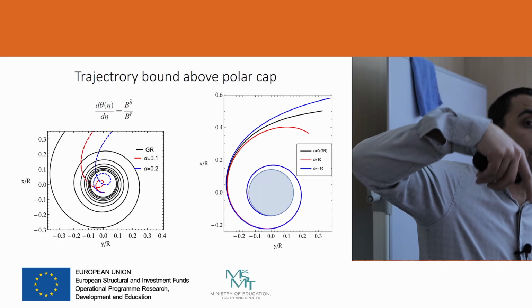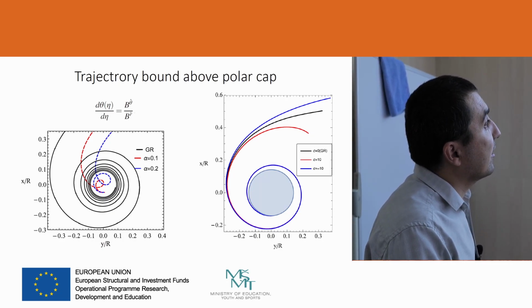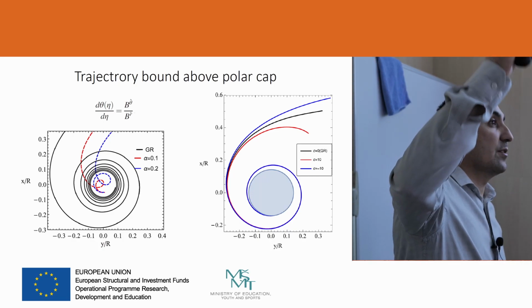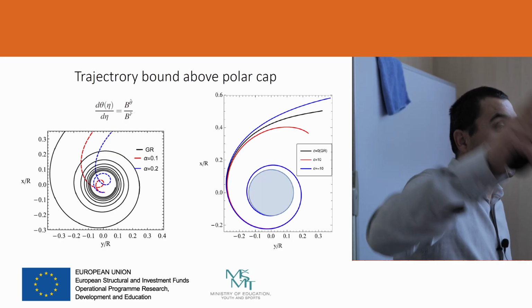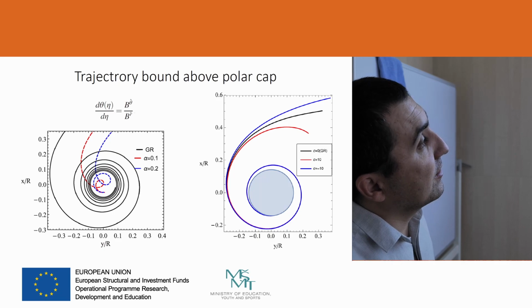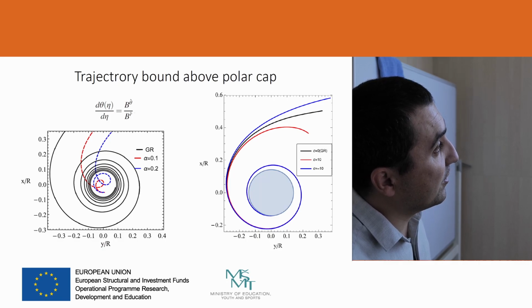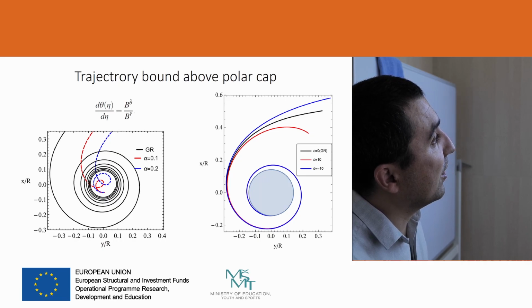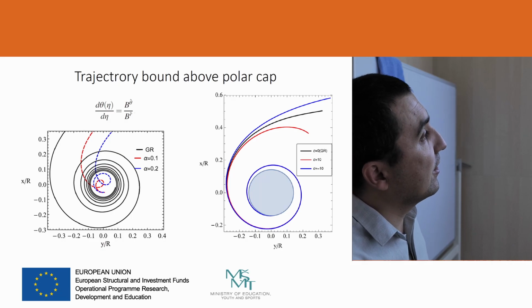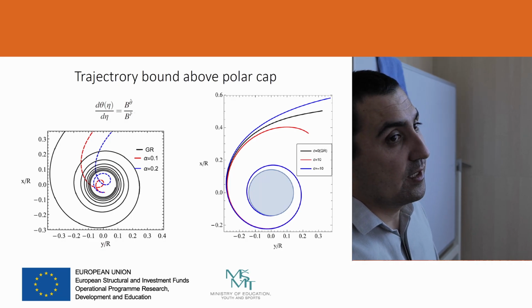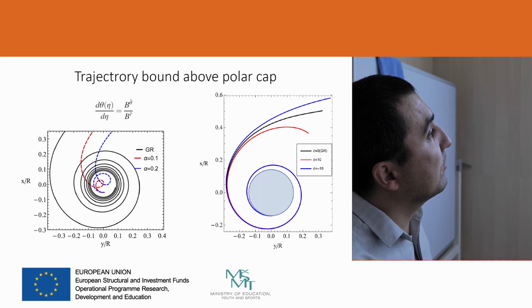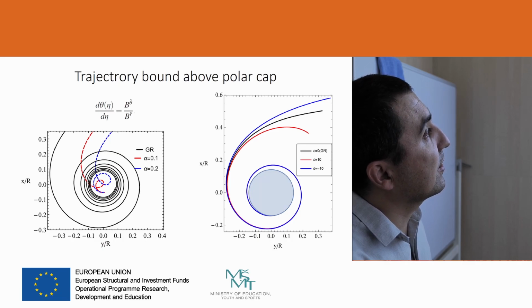Charged particles cannot escape from this region while following these open field lines, and we studied that in the presence of the alpha parameter, the positive Mach parameter, the width of the trajectory bound becomes very smooth and narrows, and we can see that a smooth laser-like jet from neutron stars can be observed in the presence of this Mach parameter.